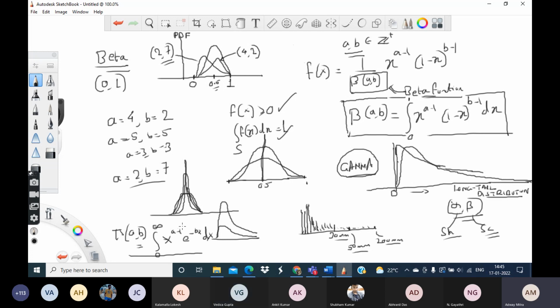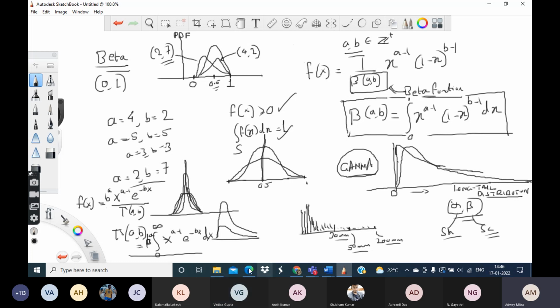So in case of the gamma distribution, the PDF is defined as x to the power a minus 1 e to the power minus bx, whole divided by the gamma function. There is another factor which I forgot to mention: b to the power a, in the numerator. Okay, so this is about the gamma distribution.